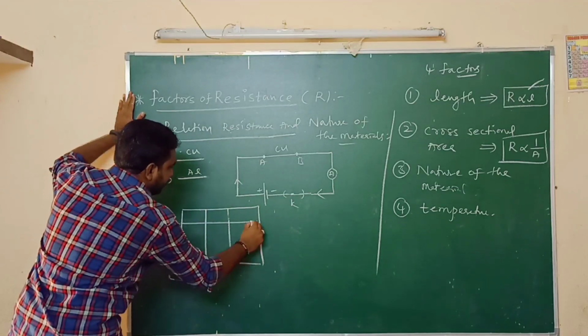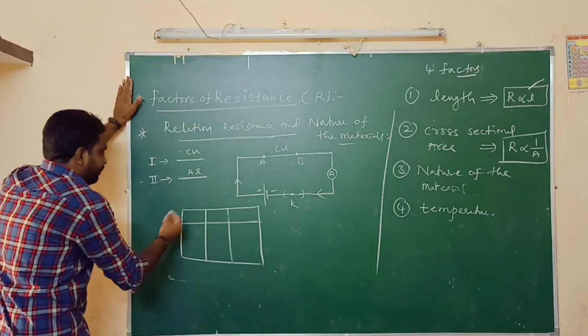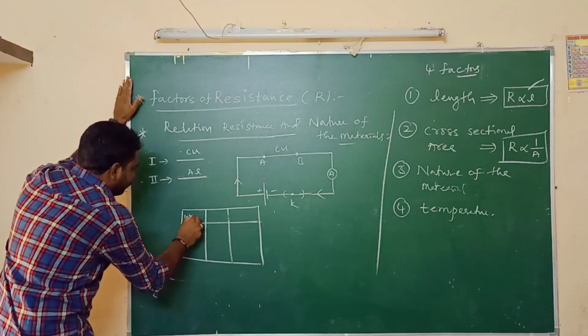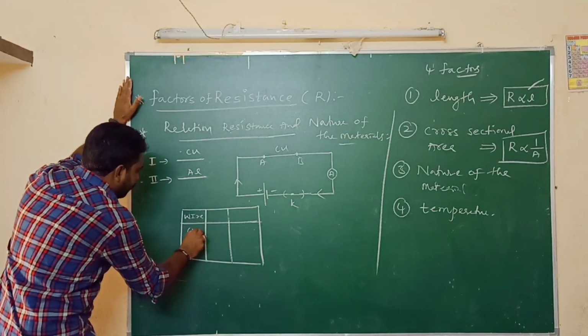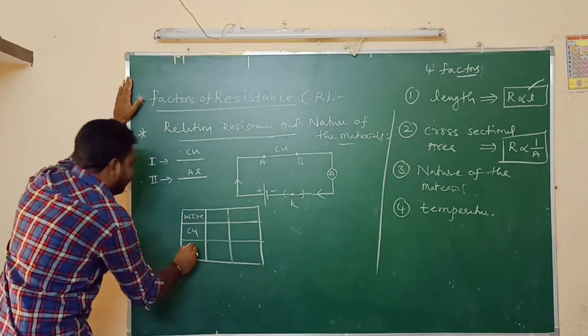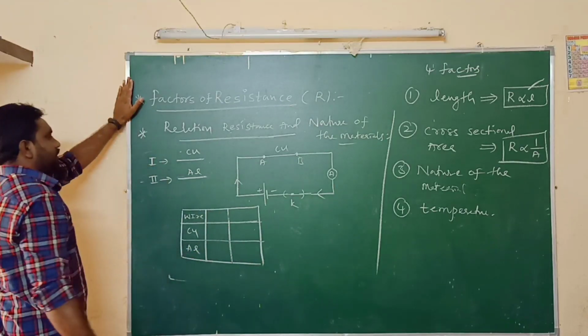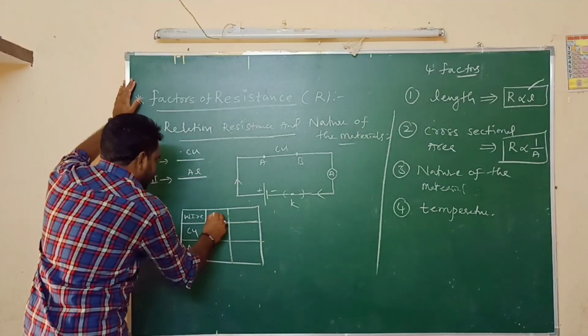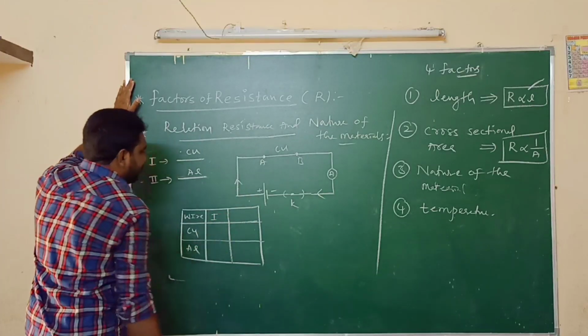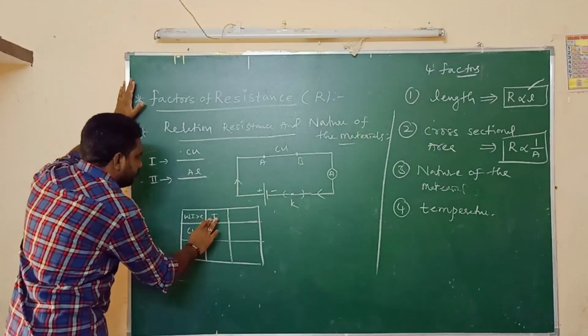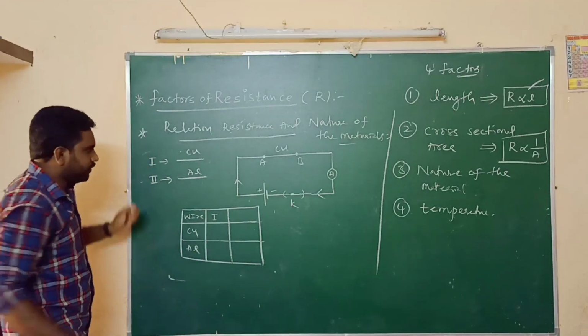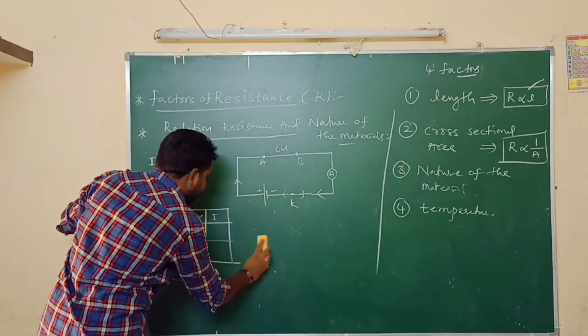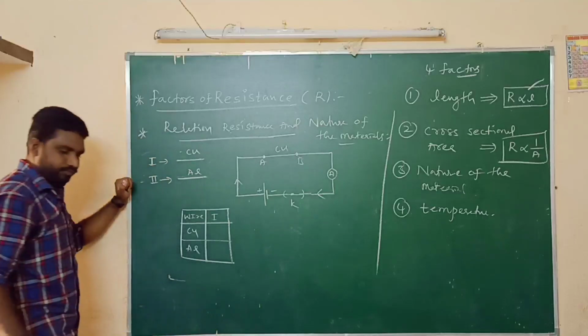This table is slightly different from that one. Wire: here copper, and here aluminium. Next we need to note down the reading of current. We don't require this third column. Two columns are enough for this.